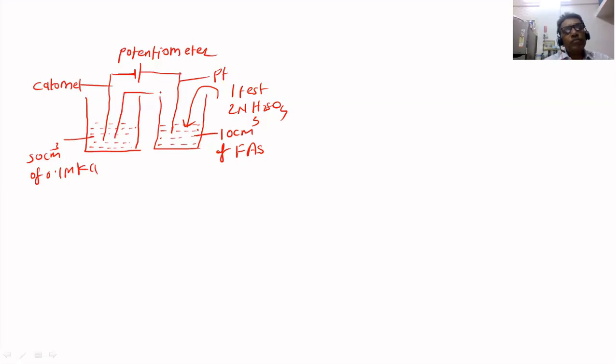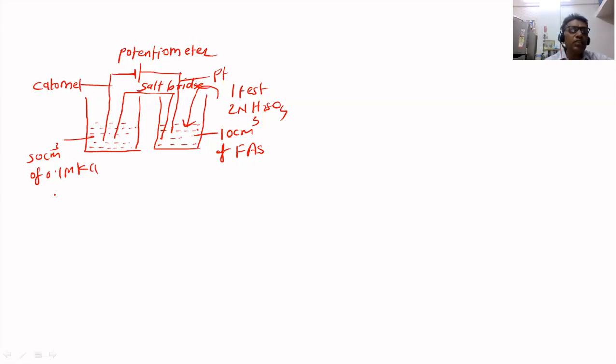Now in the two beakers we have to dip the salt bridge. What is the function of the salt bridge? The function of the salt bridge is to make electrical contact between the two electrolytes. So this is the experimental setup.